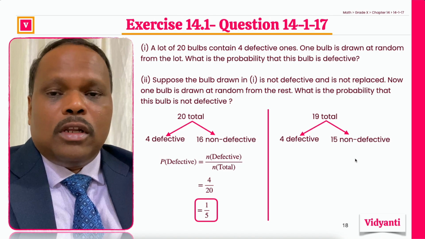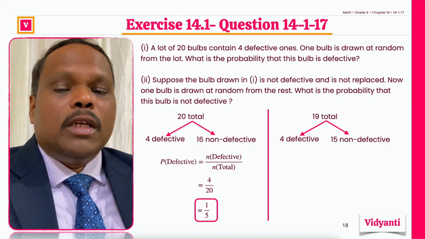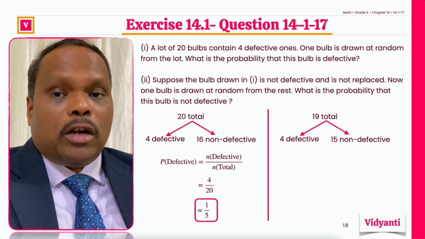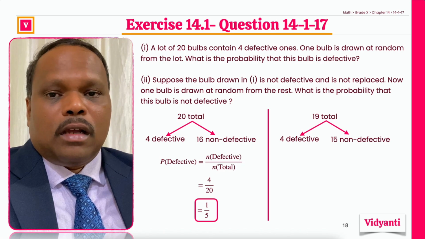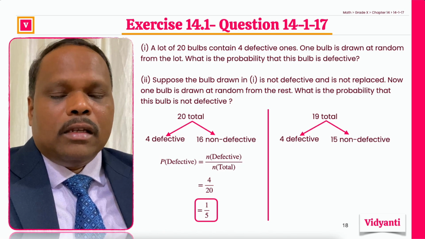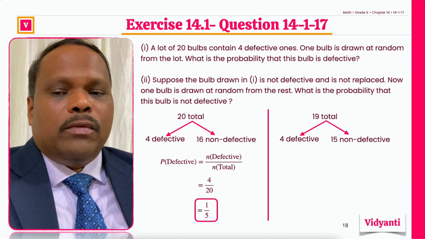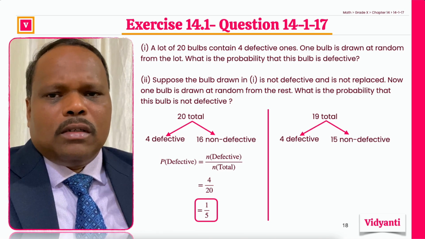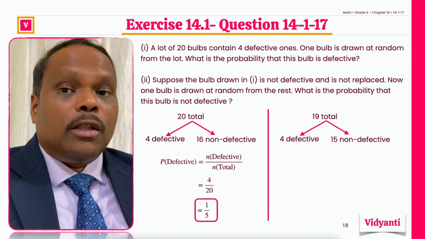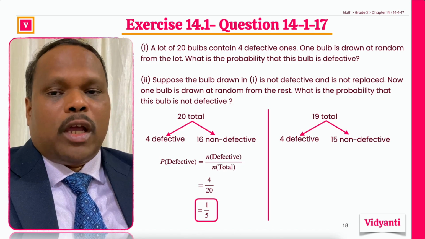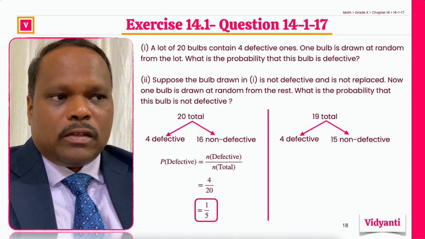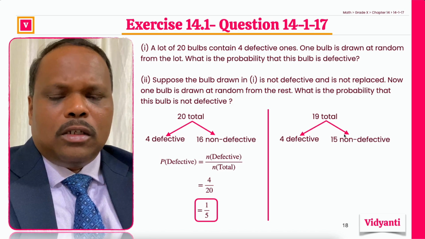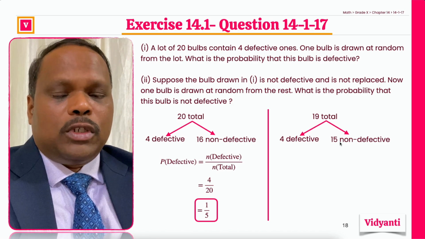The bulb is not replaced, that's why the total went from 20 to 19. We know that the previously drawn bulb was non-defective, so the defective ones are still 4, but the non-defective will be reduced by 1. So we have this new distribution as our new scenario.